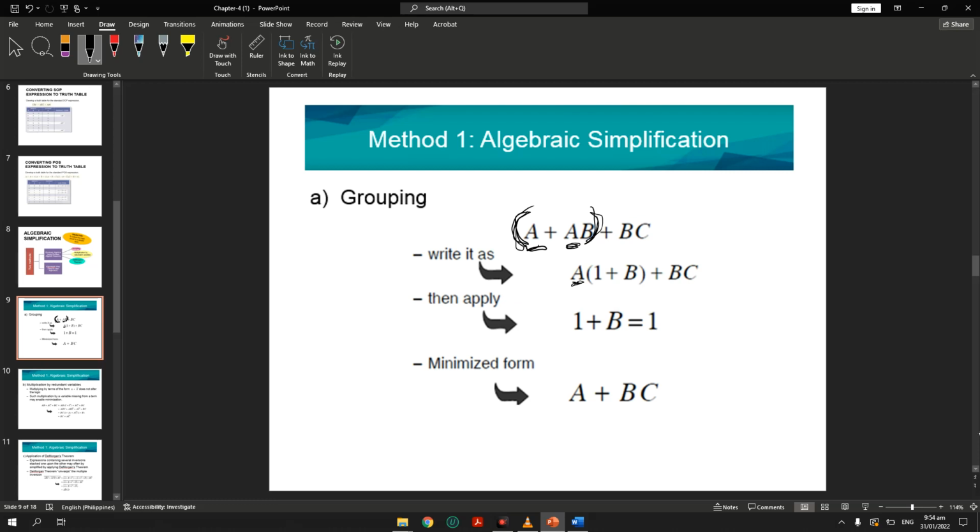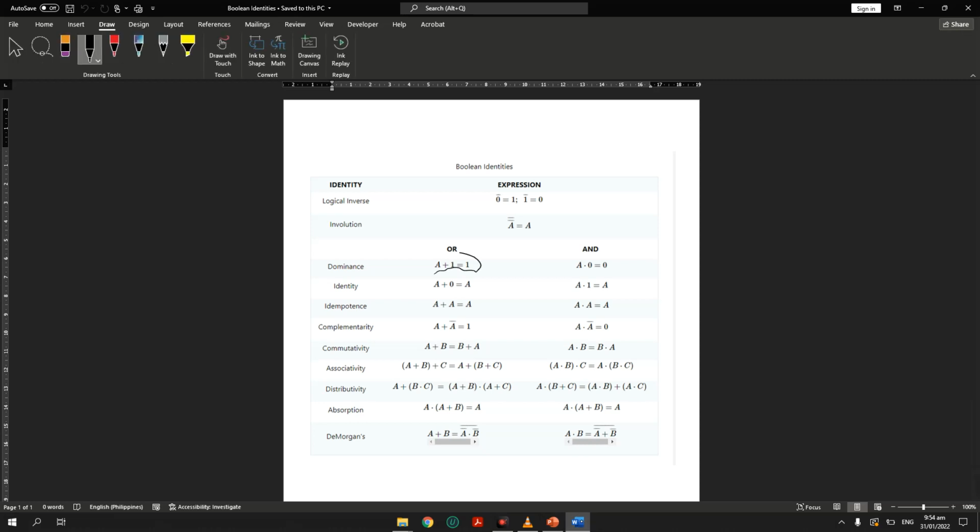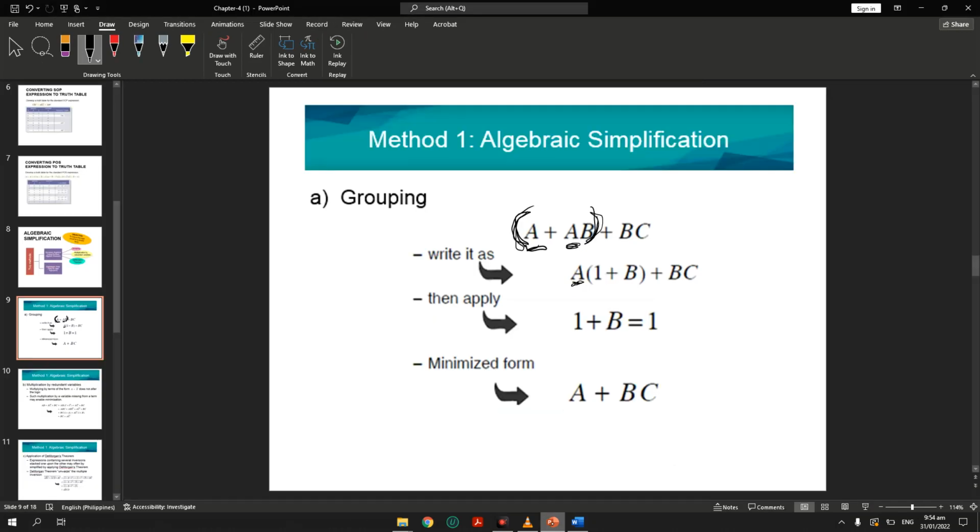However, from our truth table, what is the value of 1 plus B? If we look into our Boolean identities, under the dominance identity, A plus 1 is equal to 1. So any variable added to 1 is equal to 1. So going back here, 1 plus B is just equal to 1.